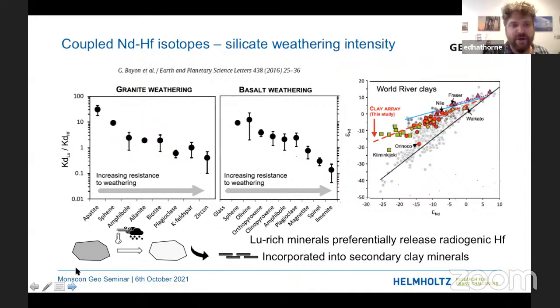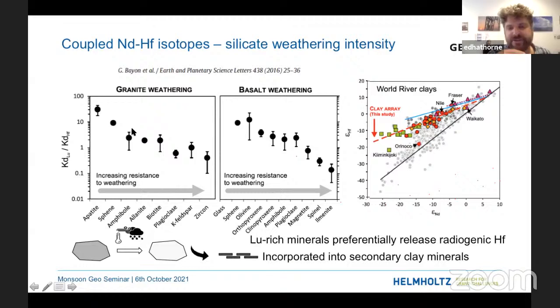Now, another way of looking at weathering intensity, a new tool, and this is all new stuff that's not published yet. We're working on this with Germain Bayon in Brest. It is coupled neodymium hafnium isotopes. These are a nice proxy of silicate weathering because lutetium and hafnium have quite different partitioning in different minerals.